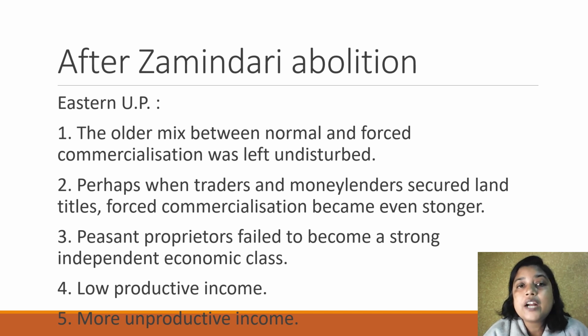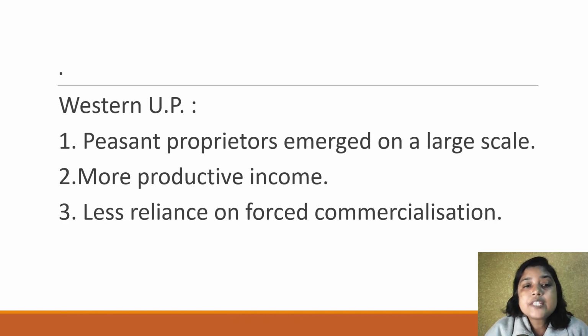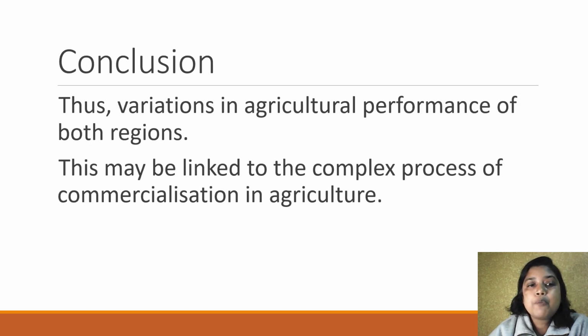There is low productive income and there is more unproductive income. In Western UP, on the other hand, after zamindari abolition, peasant proprietors emerged on a large scale. There was more productive income and there was less reliance on forced commercialization. While in Eastern UP, we find that forced commercialization had been imposed.